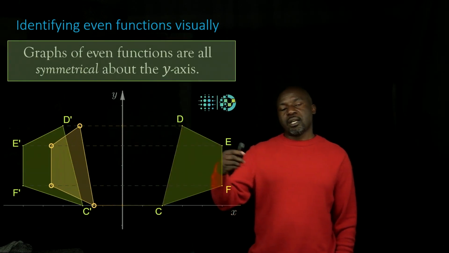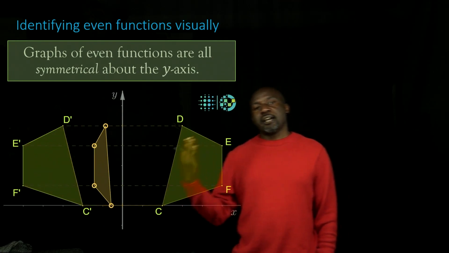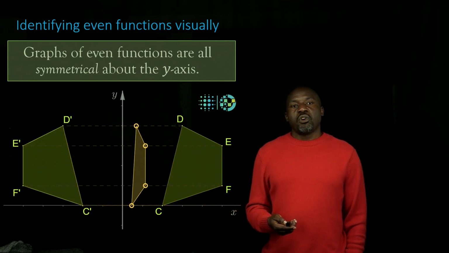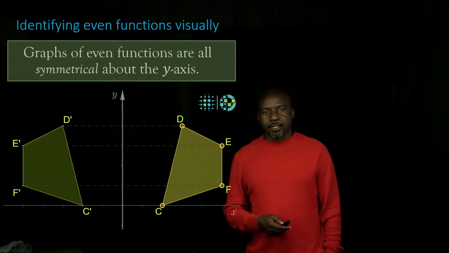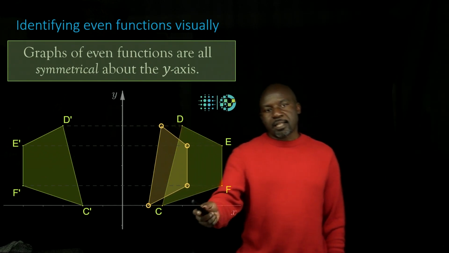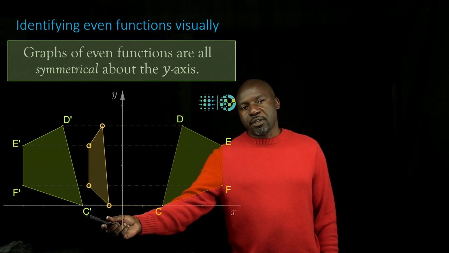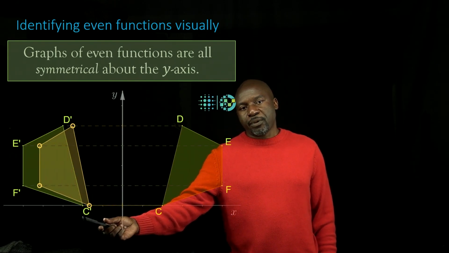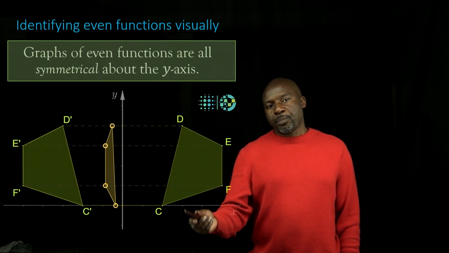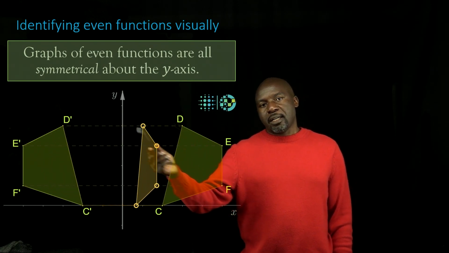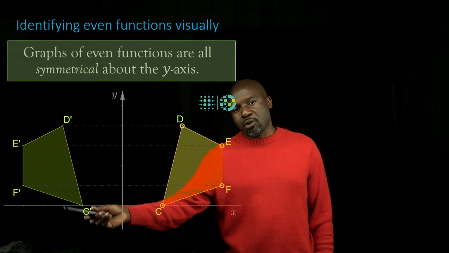So if we look at this part of the graph on the negative side, the opposite side of the y-axis, it always maps onto the same points on the right-hand side of the y-axis. So the x-coordinate of point C here is 2, and the x-coordinate of point C there is negative 2. The same, the x-coordinate of point D is 3 there, and the x-coordinate of point D prime is also 3.